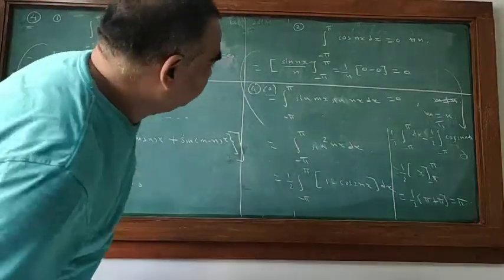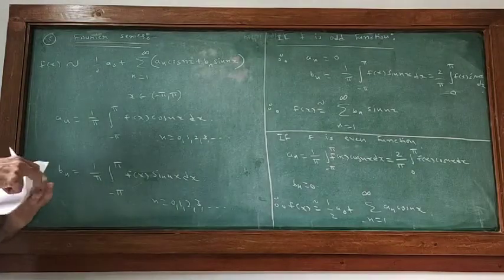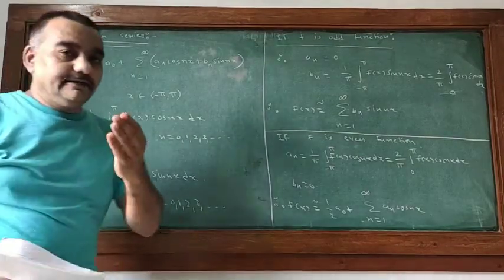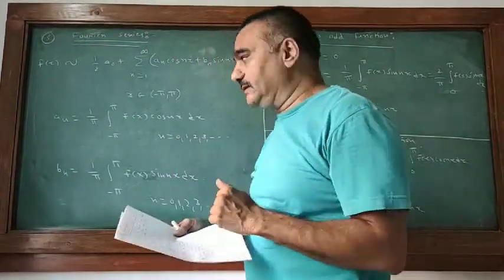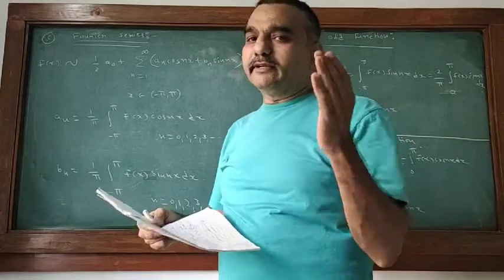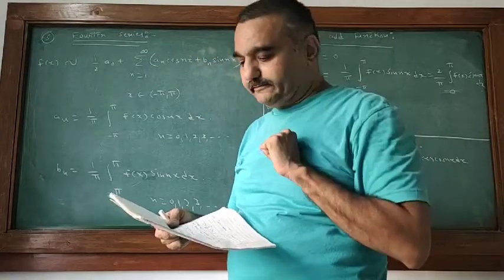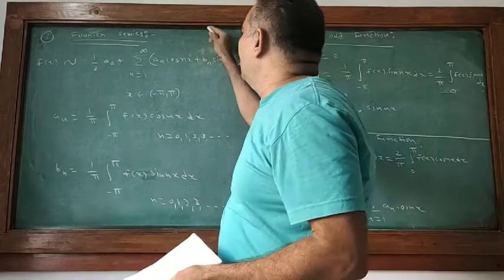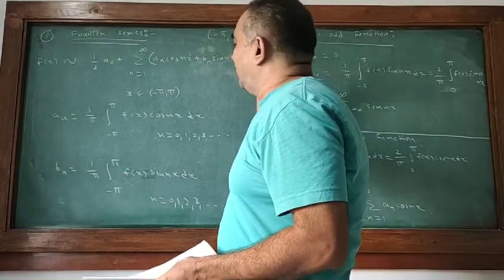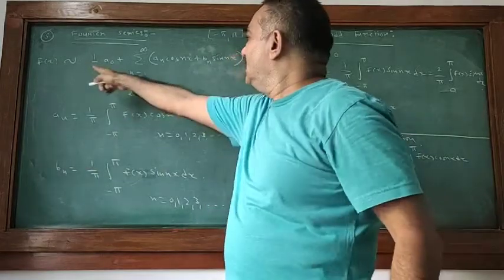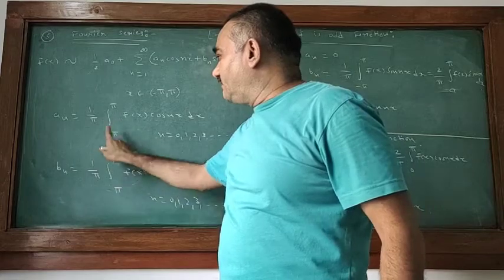Now, dear friends, here we start with the definition of Fourier series. The Fourier series is actually an approximation of a function over the closed interval minus pi to plus pi. An and Bn are defined like this.